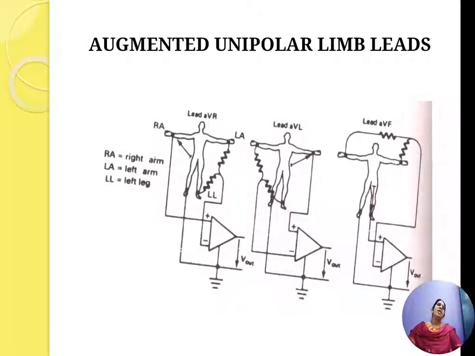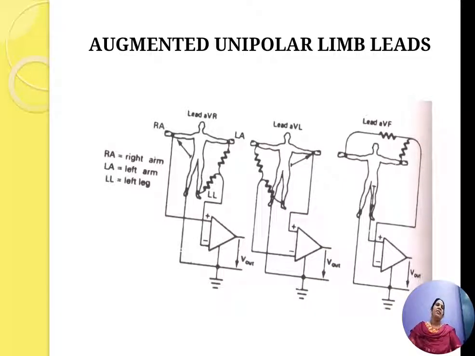When it is lead AVL, that means augmented voltage left, the left arm acts as the exploratory electrode, and the other two, right arm and left leg, are connected to a central terminal.